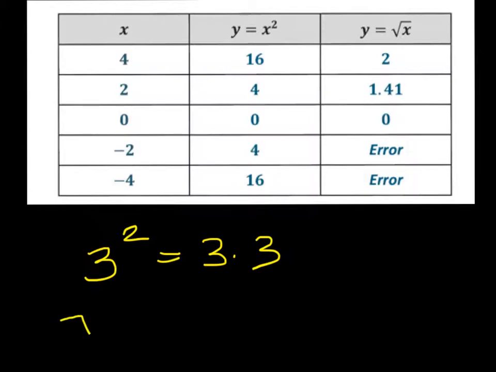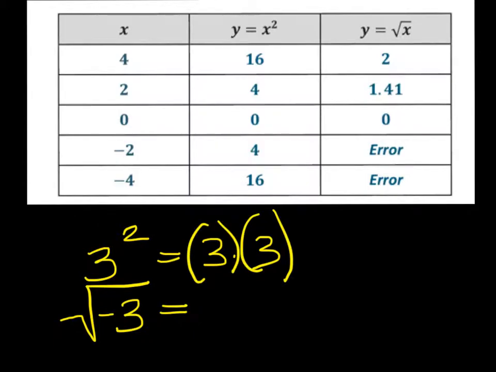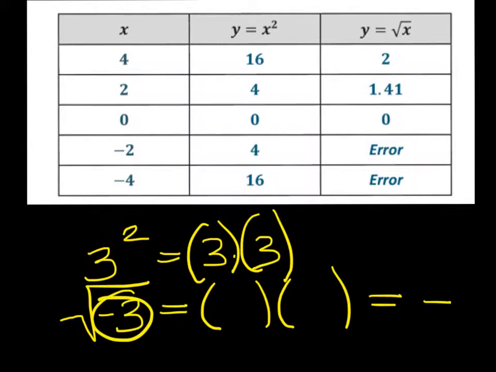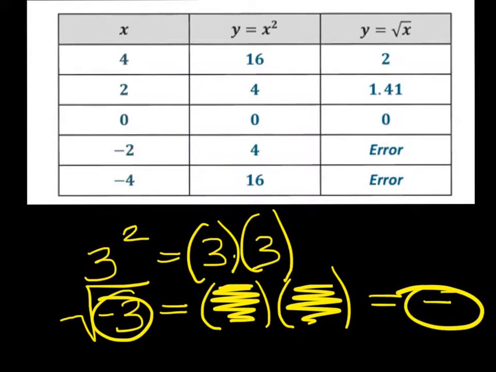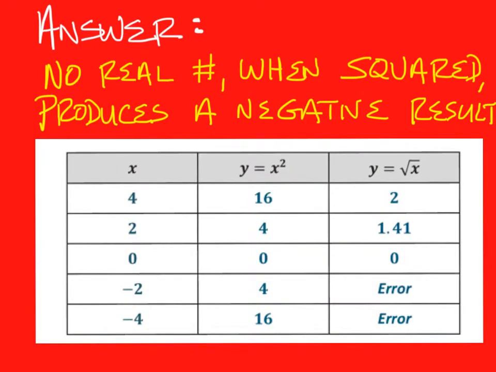But what if I had this? When you square two numbers, you're multiplying the exact same thing together. What 2 things can I multiply that are identical that will give me a negative number, which is this? Are there 2 identical numbers I can multiply here and here to come up with this? No, there's not. That's why it comes back to be an error. No real number, when squared, produces a negative result.